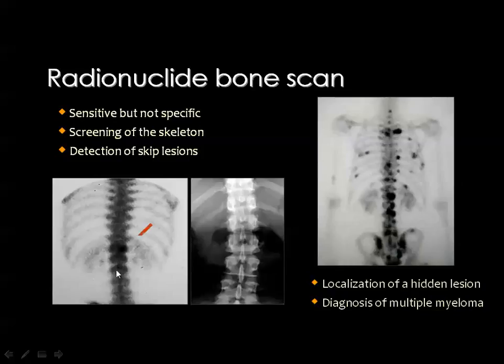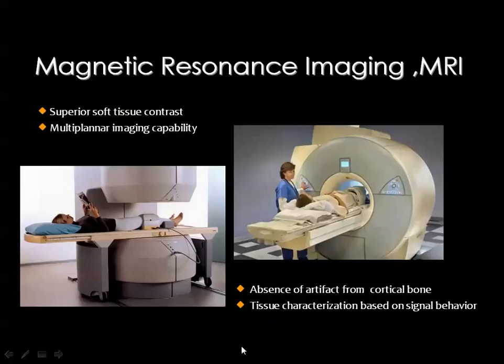Then by bone scan you can see that there is significant isotope uptake in the pedicle, and this was an osteoma in the pedicle of the vertebra. And in this example, you see numerous spots of increased tracer uptake throughout the skeleton, suggestive of metastatic deposits.